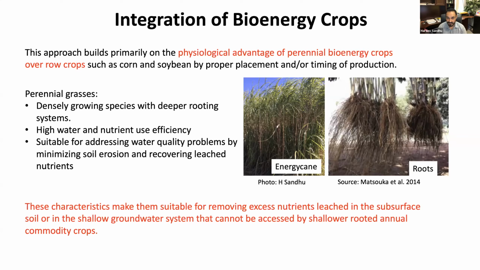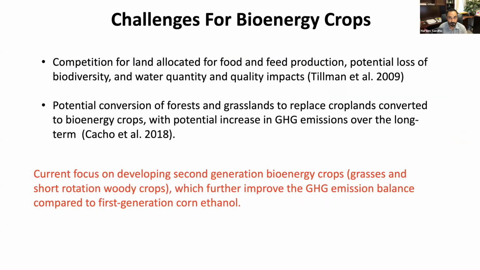And also they can recover the leached nutrients, which row crops can't. Because of the deep rooting system, these bioenergy crops are suitable for removing excess nutrients. These nutrients otherwise can leach in the subsurface soil or shallow groundwater system, and they can't be accessed by the shallow rooted annual commodity crops in our traditional cropping system.